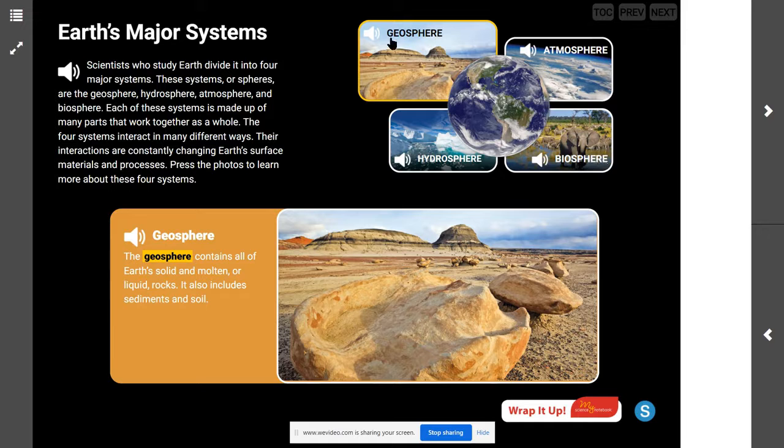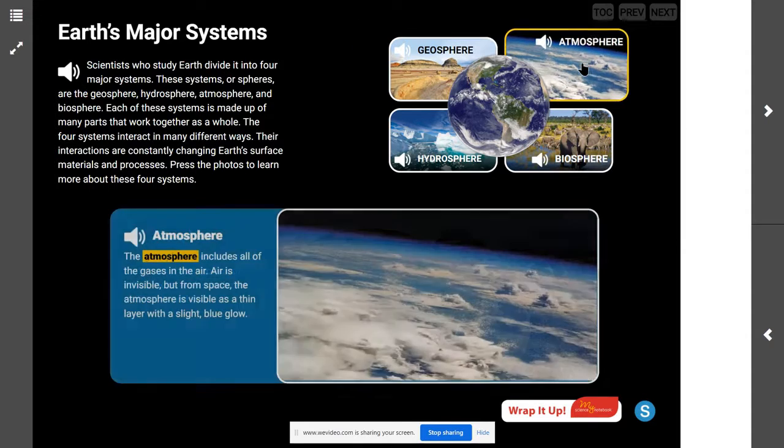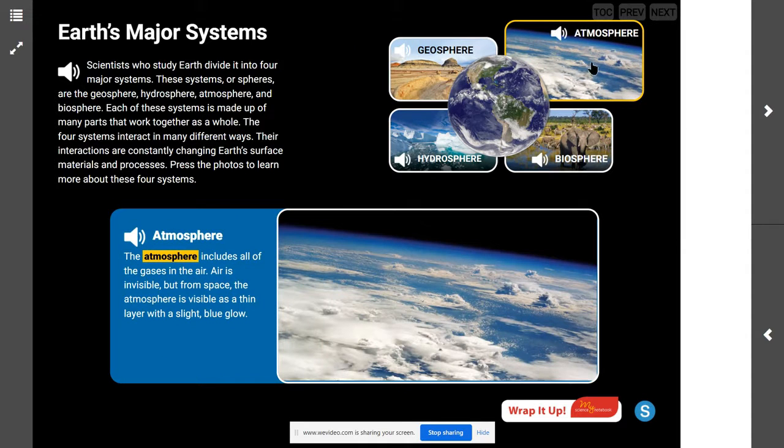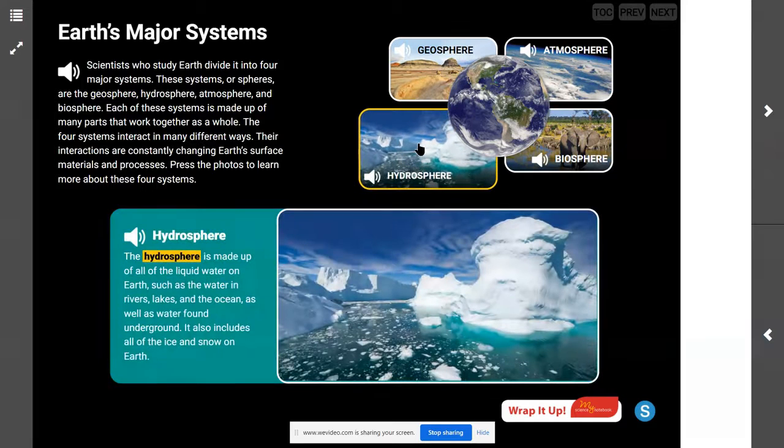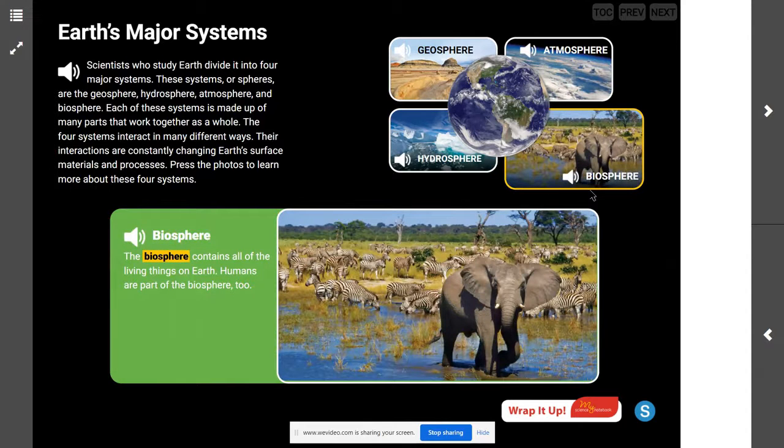Atmos, what do you think atmos means? Atmos means air or gases or vapor. Hydro means water. And bio means life. So these prefixes are going to help tell us about what each of these spheres do.